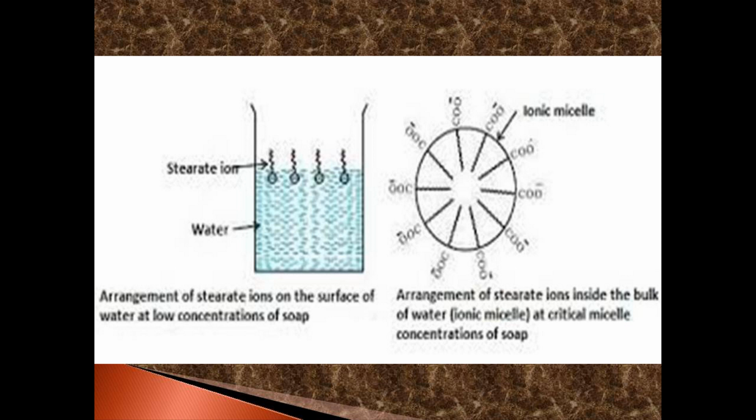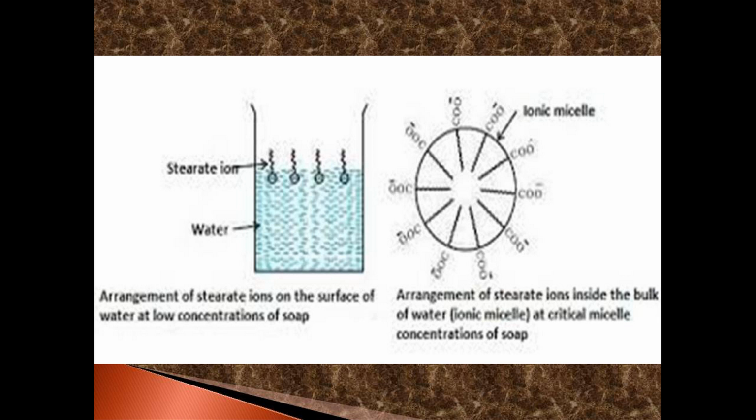The first figure shows how the molecules of soap get aligned when a little bit of it is added to a bucket of water. You can see that the hydrophilic head is pointing towards water, whereas the hydrophobic tail moves away from it.